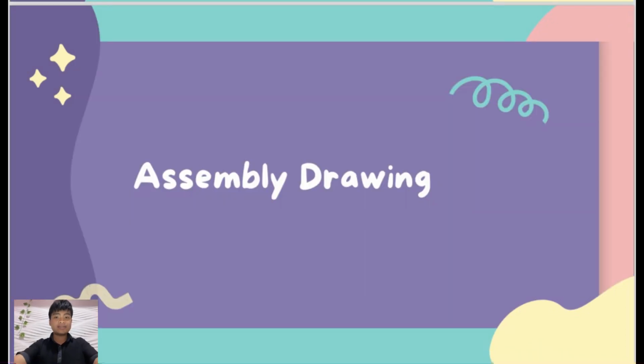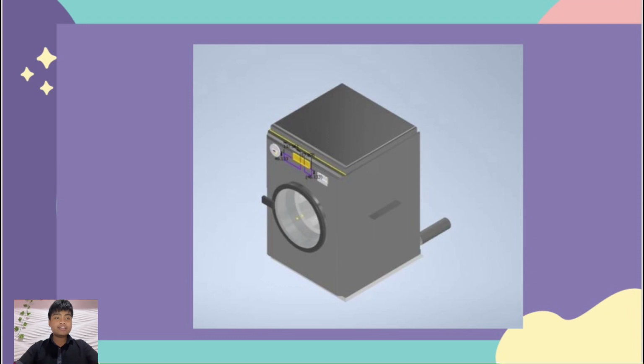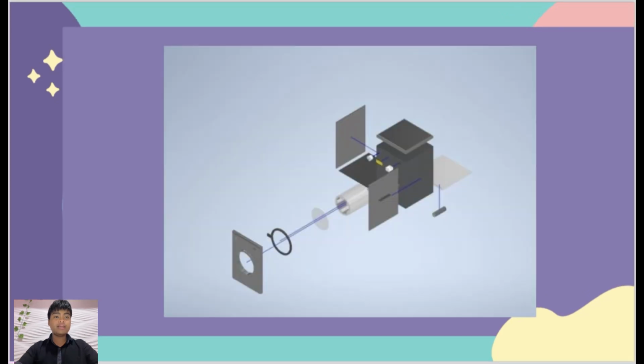Based on these pictures, this is the assembly of all the parts of the machine. All the parts of the machine are equal to 15 parts. Next is the exploded view of all of the 15 parts before they get assembled together.